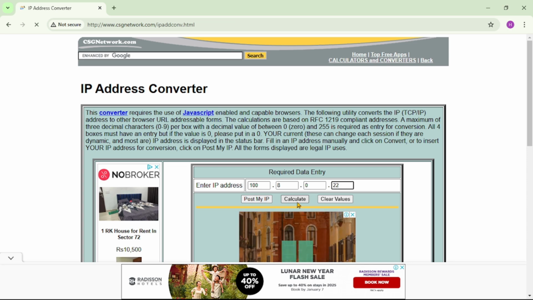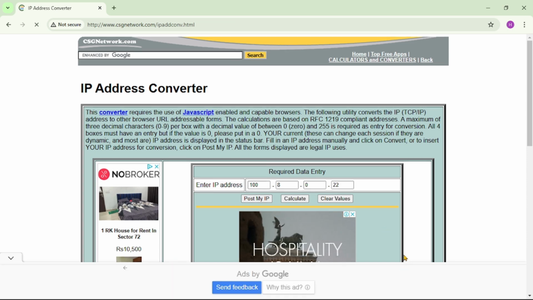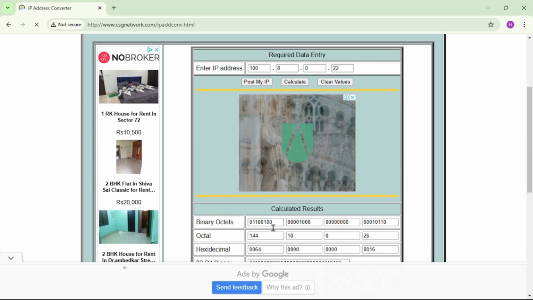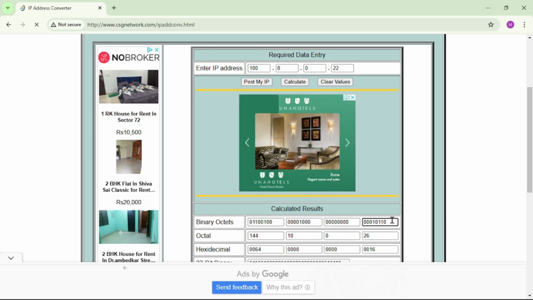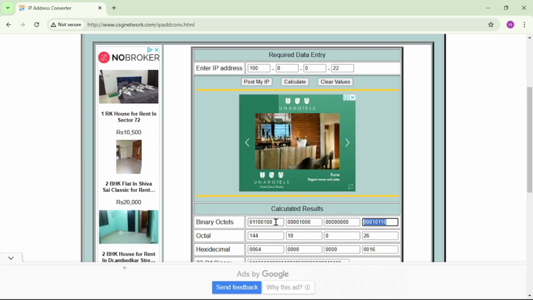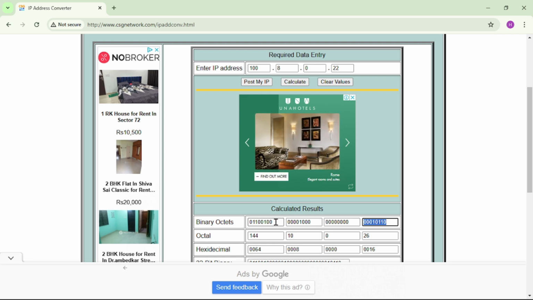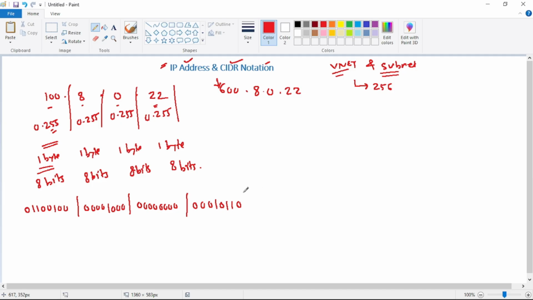And I will say calculate. So if you see, this is the representation of this IP address. Okay, and I will simply write it in my pen tab. So guys, I have converted this IP address in bits. So this 100 stands for these 8 bits, this 8 stands for these 8 bits, this 0 stands for these 8 bits, and this 22 stands for these 8 bits.